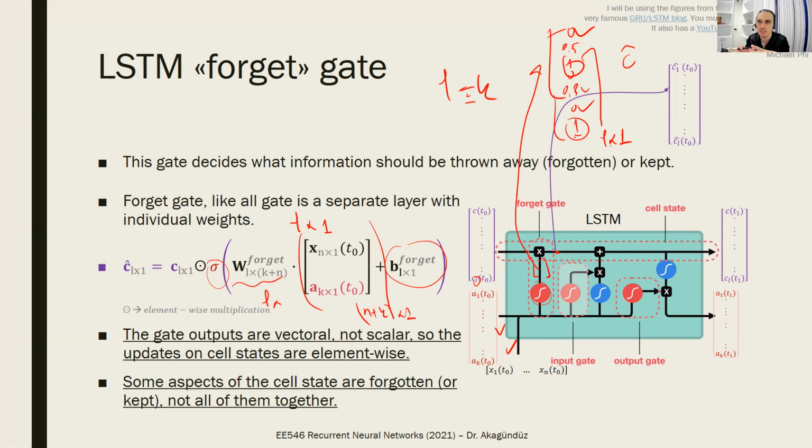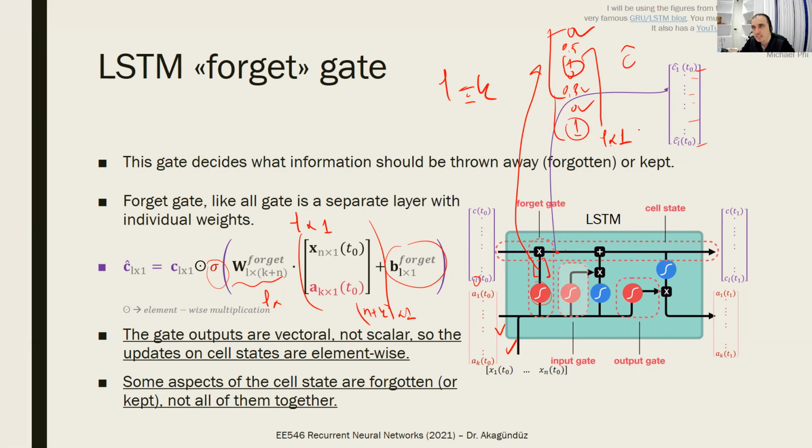I never mentioned this in the previous slides for the sake of simplicity, but that's the reality. And at this point, I have another vector which I called C-cap, an intermediate cell state. Some of the states are forgotten, some are updated, and some, because the sigmoid was 1 there, are just left as they were.